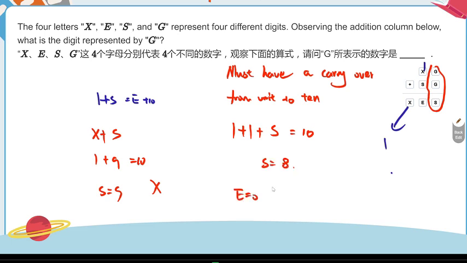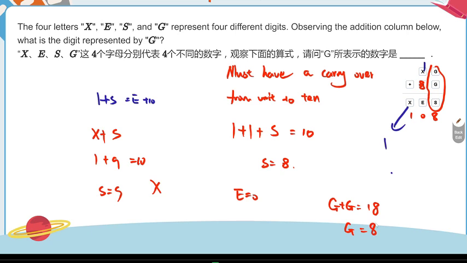E is 0. And we can just bring the digits in. We have 1G plus 8G added together is 108. So what is G here? G plus G. We have a carryover and an 8, so it's 18. So each G is 8.